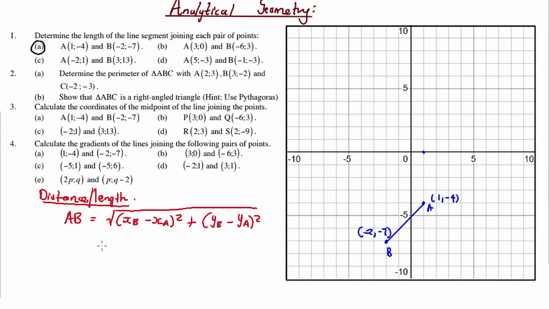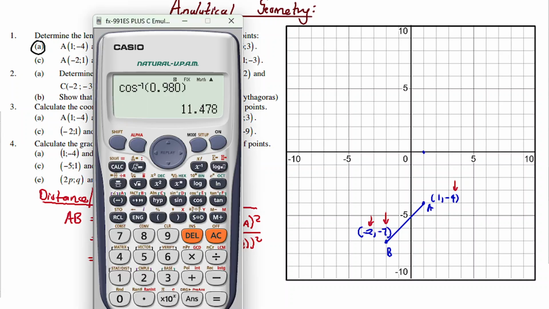Then we substitute: square root of xb, which is negative 2, minus xa, which is 1, squared, plus yb, that's negative 7, minus ya, that's negative 4, squared.